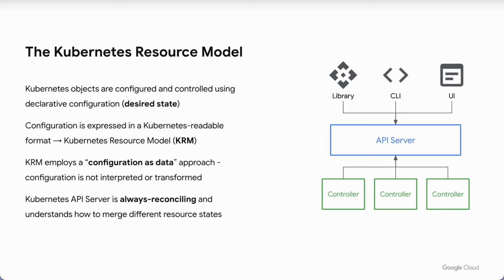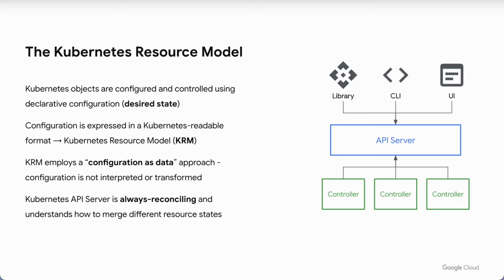Now, if you think about the way KRM works, it also employs this configuration as data approach, where once something is configured, it's not interpreted or transformed. It is exactly the way you wrote it, right? It's carried through. There may be additional metadata added to it, but it's exactly the way you wrote it and represented.